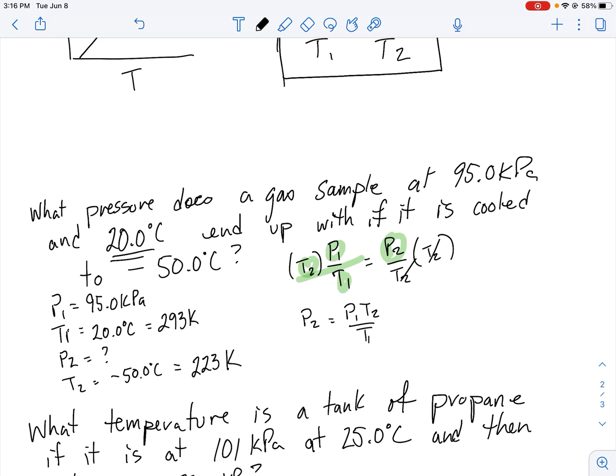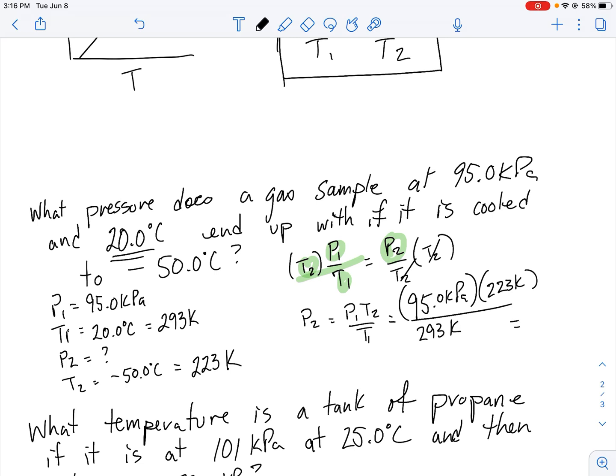So that's my rearrangement. And so I get my P1 is 95.0 kPa times T2, which is 223 Kelvin, divided by 293 Kelvin. That's my T1.